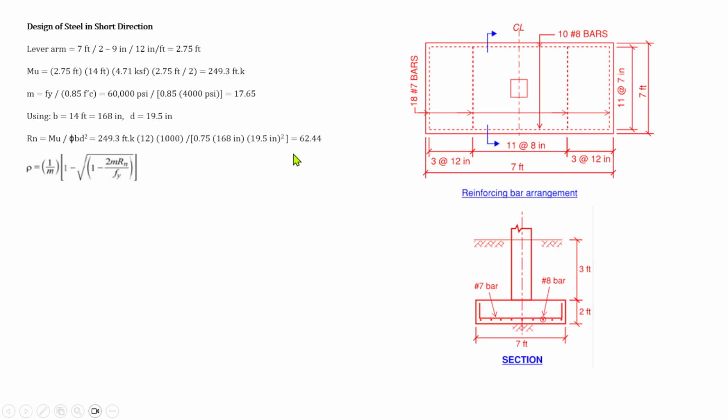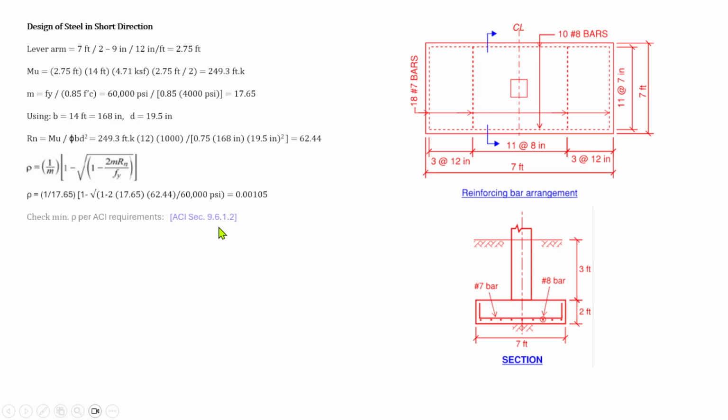That is equal to 62.44. So if we plug all these values in this formula, we get 1 over 17.65 times 1 minus the square root of 1 minus 2 times 17.65 times Rn, 62.44 over 60,000 psi, so that would give us 0.001. So by inspection, the actual steel ratio rho is too small.